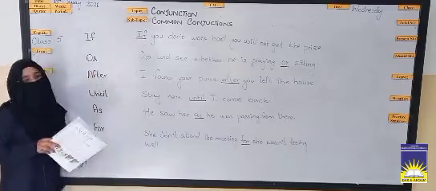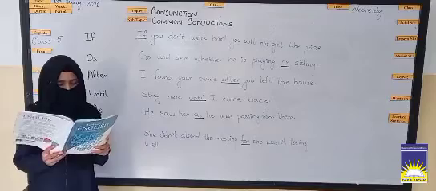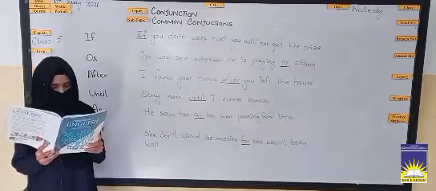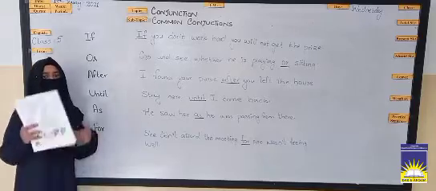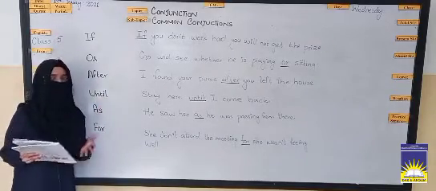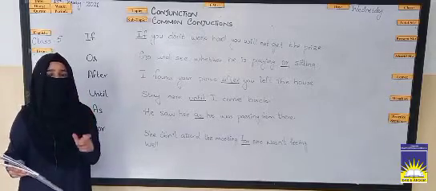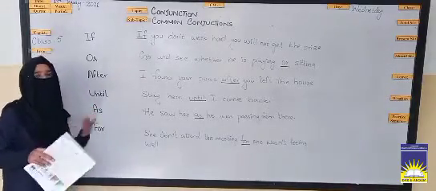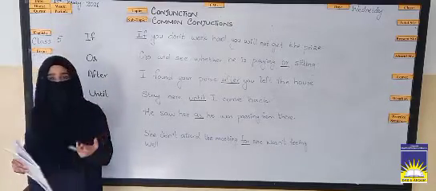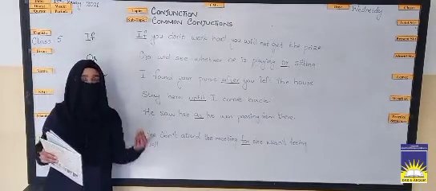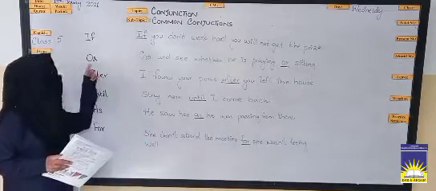Next one is or. Or is used to introduce the second of two alternatives. It is used with whether and either. What does it mean? When you have choices in your sentence, to show choices in your sentence, you will use or. It means when you are telling that there are two choices or alternatives, either this can happen or this can happen, you will show that by using the conjunction or.